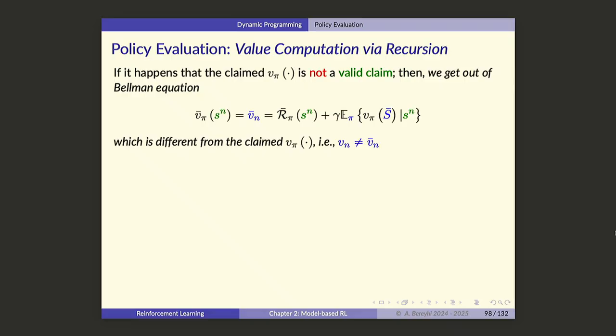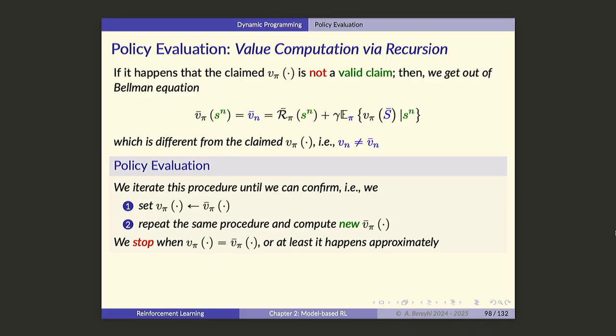So you get a new value function. You get these new values, you again put them inside the Bellman equation, and you see what this Bellman equation gives for every single state. Then you repeat it. Keep on repeating till you converge.